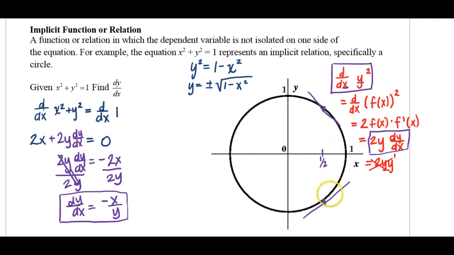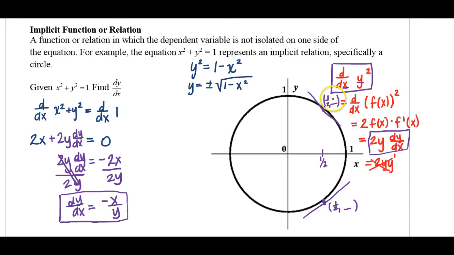Both of these coordinate points have x values 1/2. So this is 1/2, some negative something, and this is 1/2, some positive something. So I need to know the y coordinate in order to find this particular slope of the tangent line, because this slope is obviously negative and this slope is obviously positive. So that's why the derivative is in terms of two variables, both x and y.